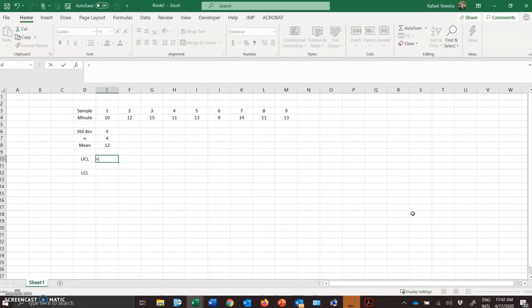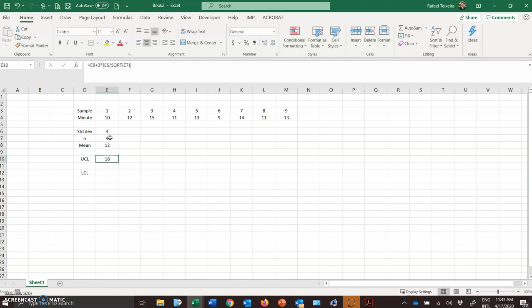It is going to be equal to my mean plus 3 times, because it's 3 sigma, multiplied by the standard deviation divided by the square root, SQRT, open parentheses, the sample size of each sample. Okay, so I close 1 parenthesis, 2 parentheses, because I opened 2 sets of parentheses within each other.